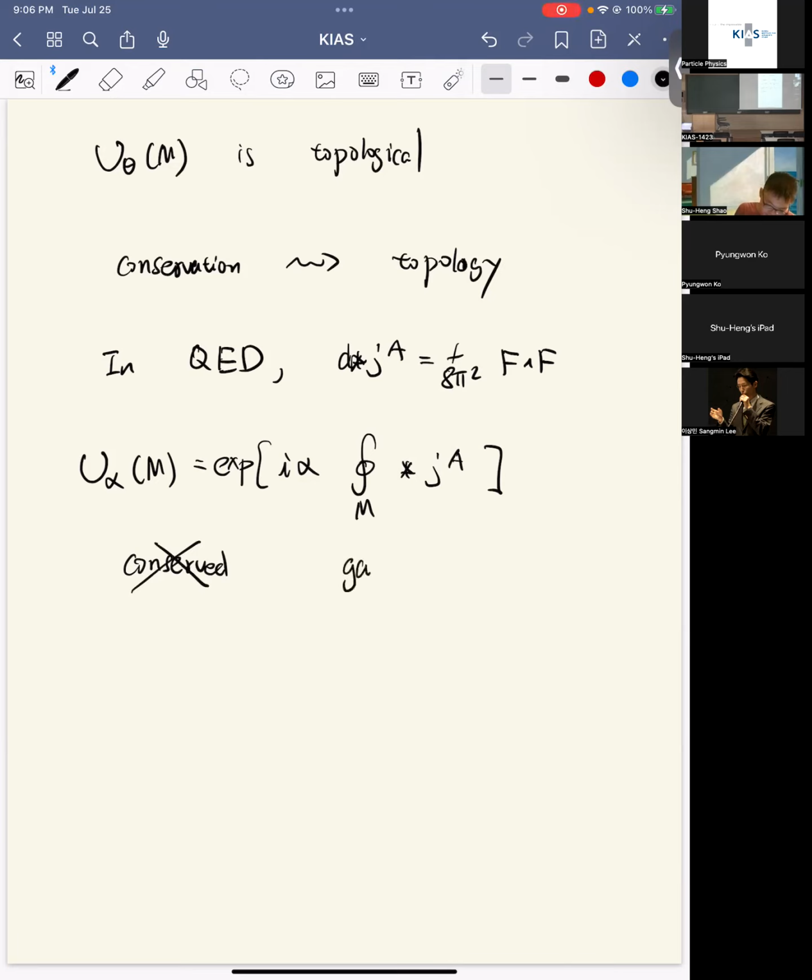It is gauge invariant for whatever that is worth. So that was the first trial. We start with the anomalous conservation equation, but we didn't get a conserved operator.